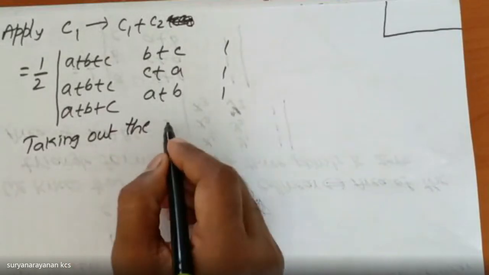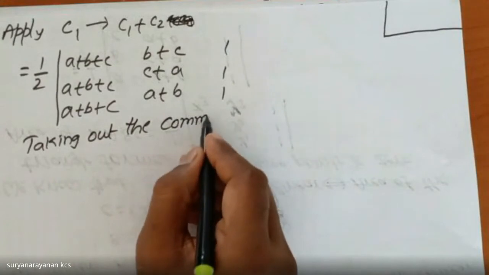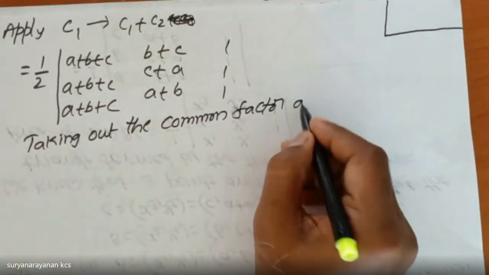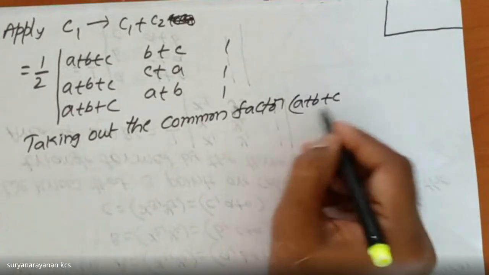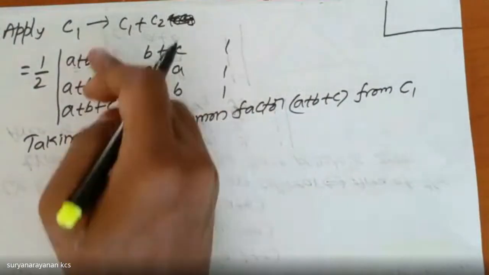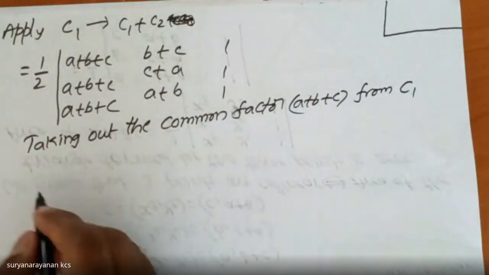Yes, sir. Taking out the common factor A plus B plus C from C1. Yes or no? From C1 only we are taking out the common factor.